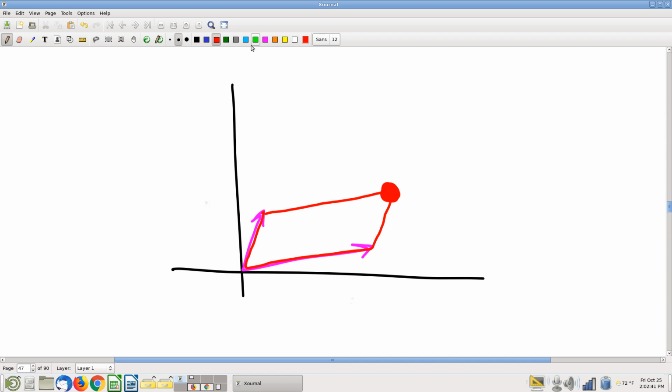I'm going to rotate by some angle theta, whatever that angle is, maybe a small amount, about like that. And now let me draw the corresponding parallelogram.